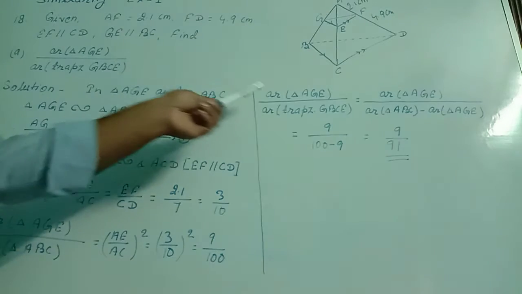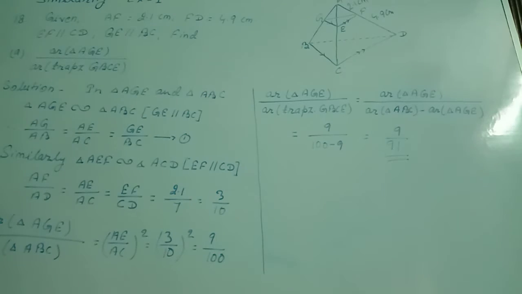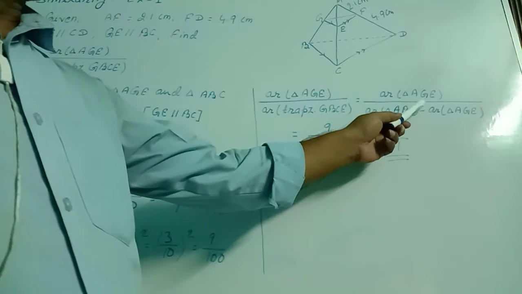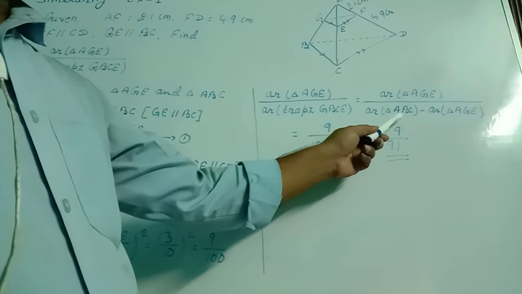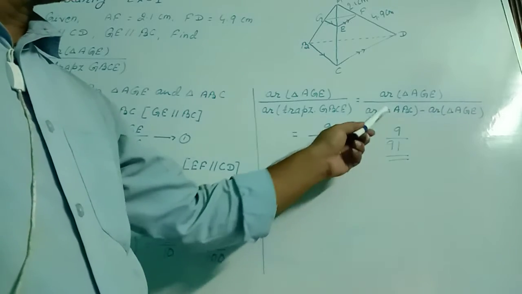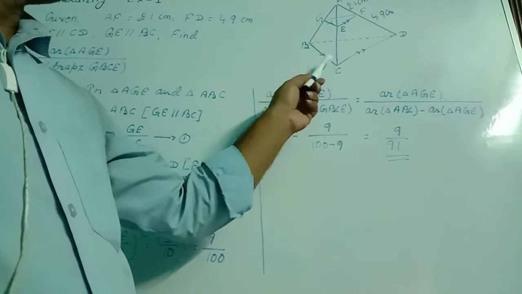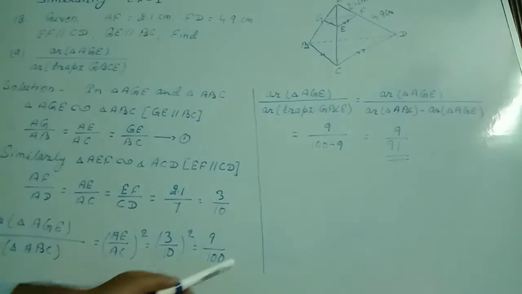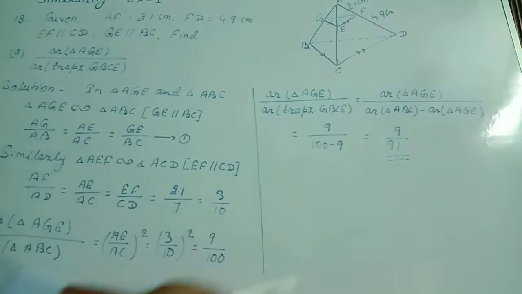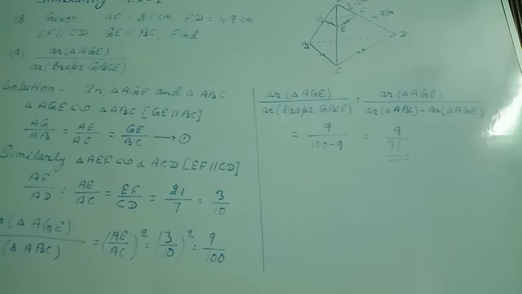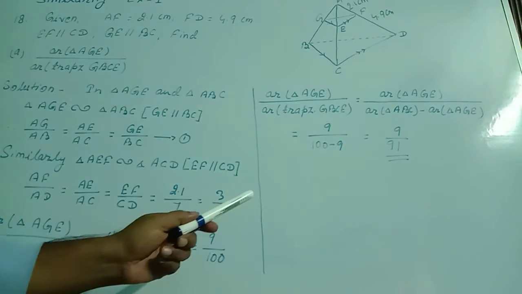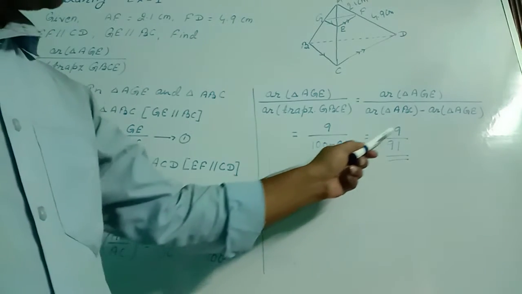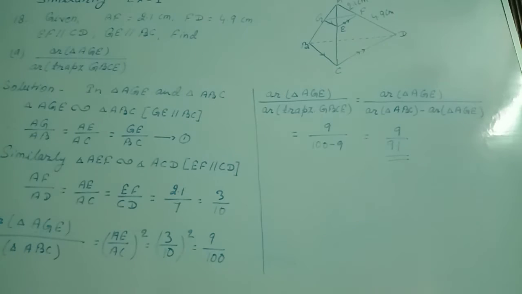Then I came to the question, area of triangle AGE by area of trapezium GBCE equal to area of triangle AGE by area of triangle ABC minus area of triangle AGE. If you subtract this, then we can get GBCE. So this value we have 9, ABC is 100, and this AGE is 9, so I subtracted this and I got 9 by 91. That is the answer.